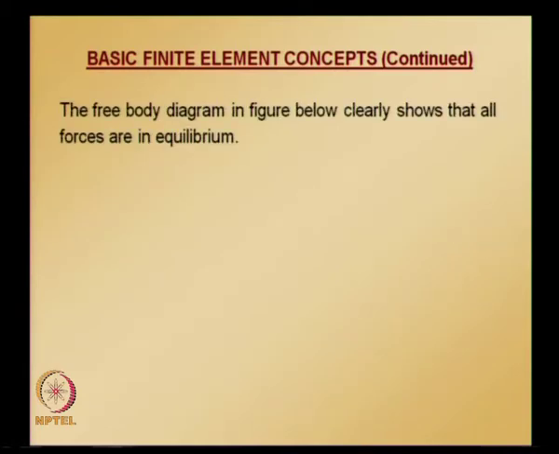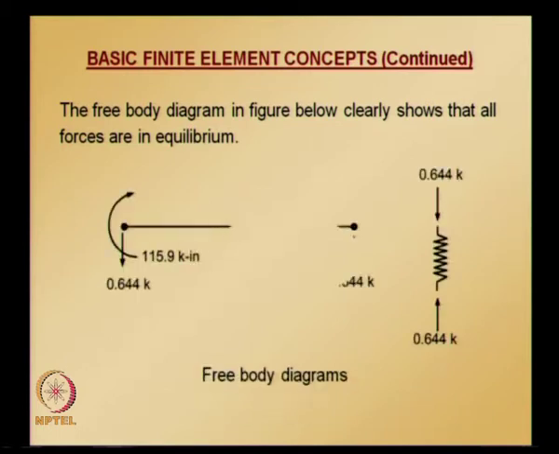So the free body diagram indicating all the forces is shown here, and you can easily check that each of these elements, the beam element and the spring element, is itself in equilibrium.